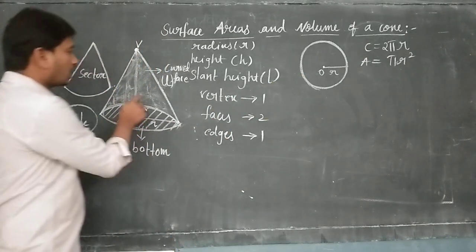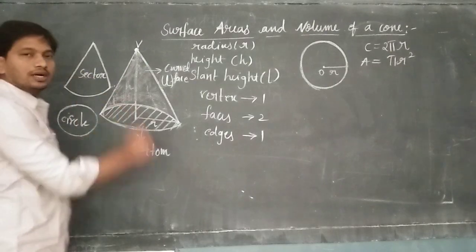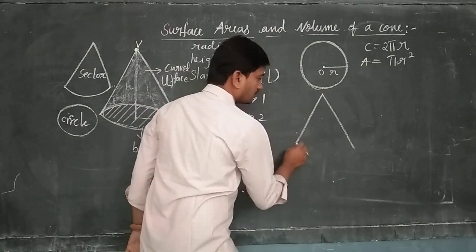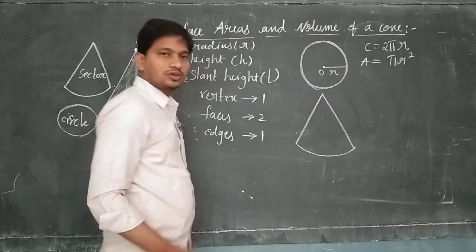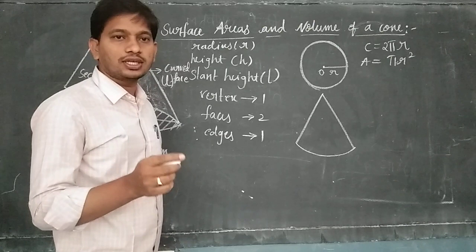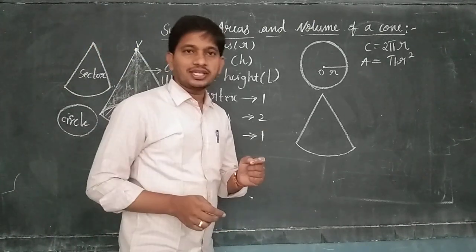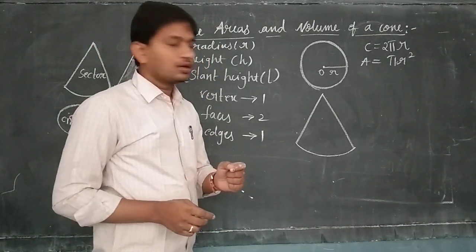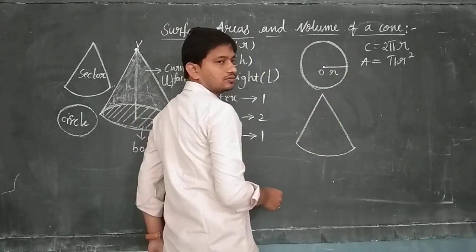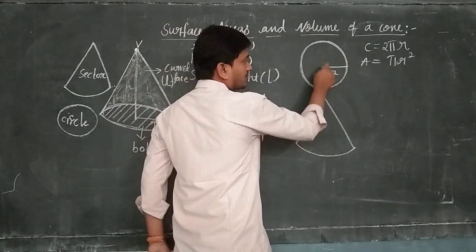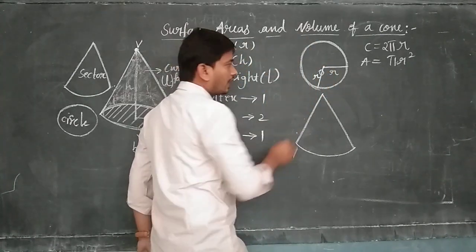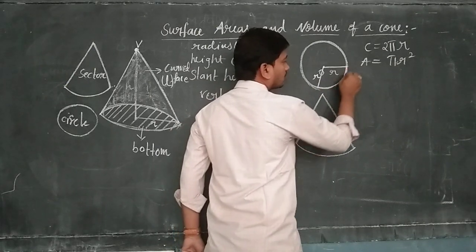Now coming to our curved face, which is a sector. What do you mean by sector? A sector is nothing but the region bounded by two radii and an arc. This is one radius, and this is another radius. And this is our arc.